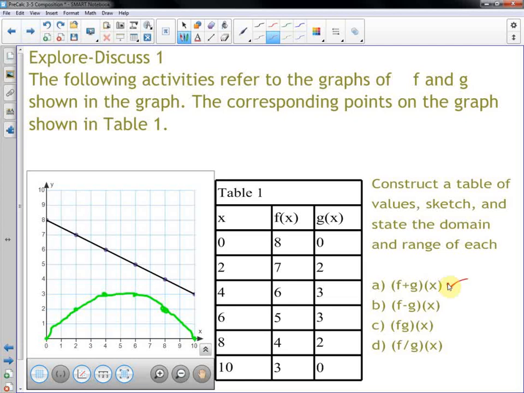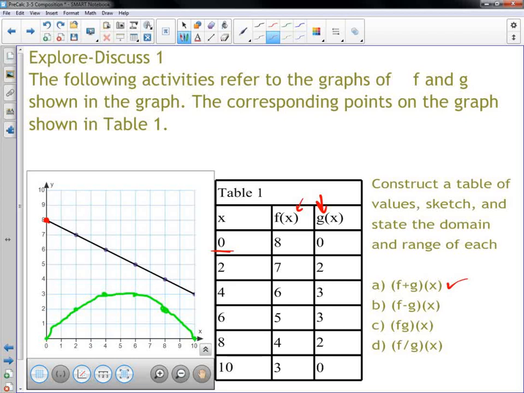Each time we're going to be adding our two together, right? So when x is 0, f plus g of x is going to be 8. So it's right there. So far it looks like the linear line, right?